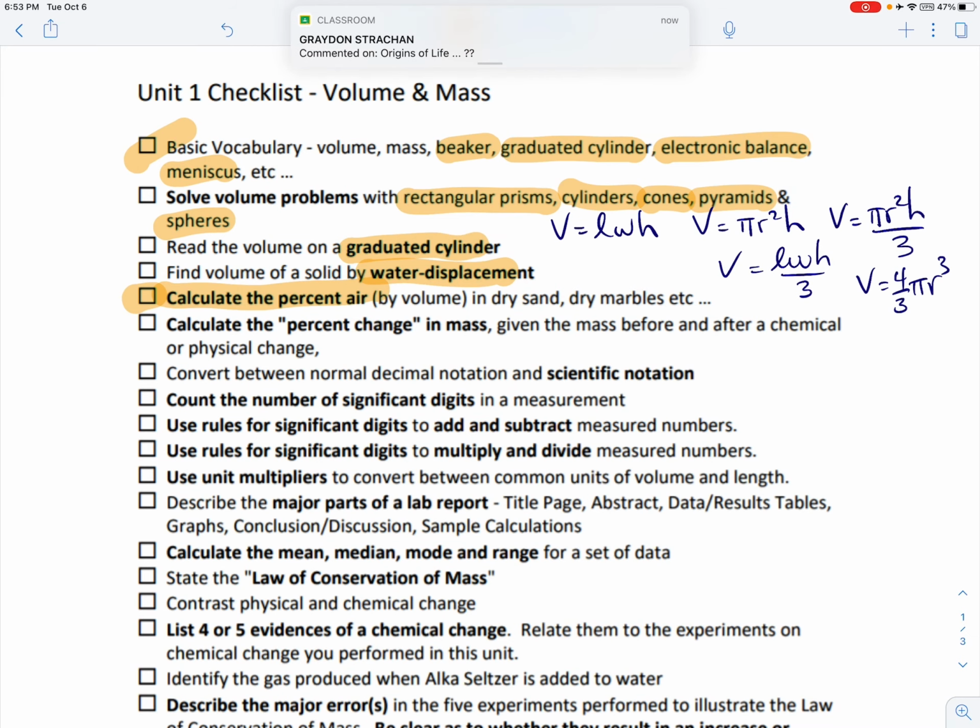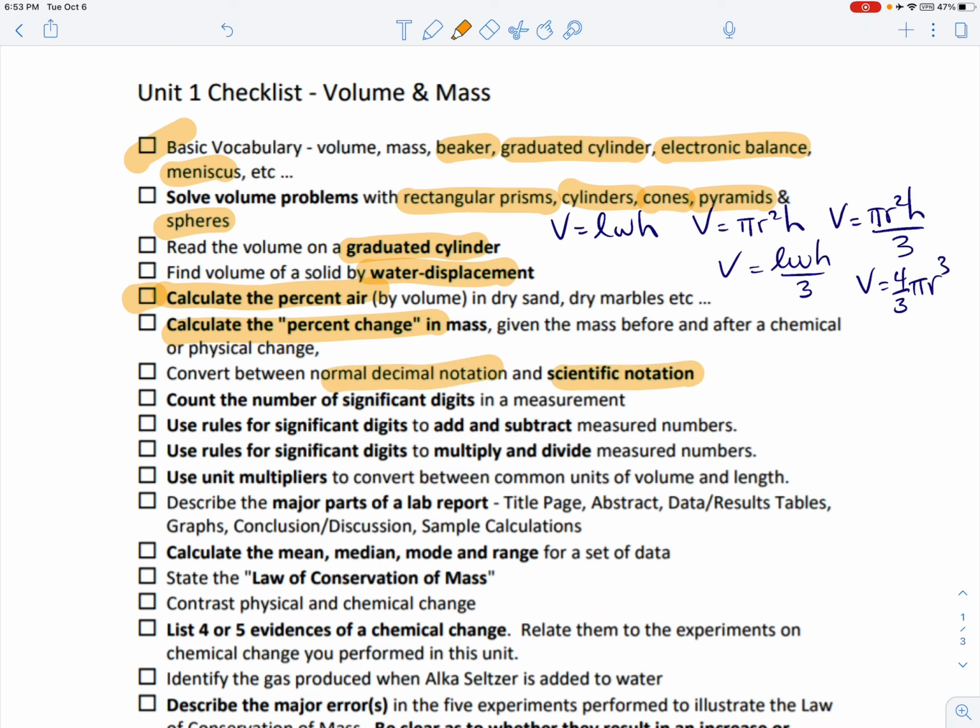So of all the labs we did, that one had unique calculations. So be sure that you are able to do those calculations with confidence. Calculating a percent change in mass or a change in mass before you can find percent change, that's a very simple calculation. You did it several times in the experiments on law of conservation of mass.